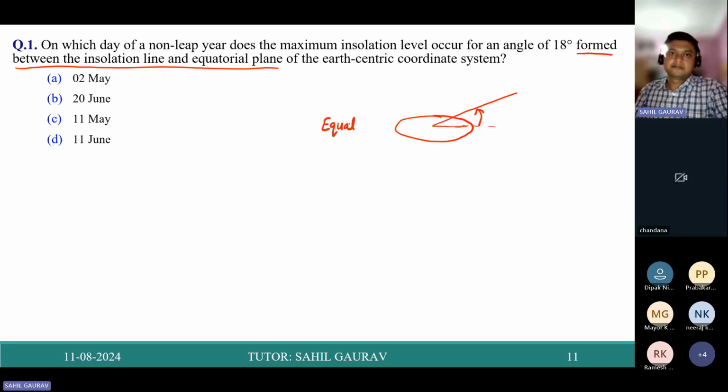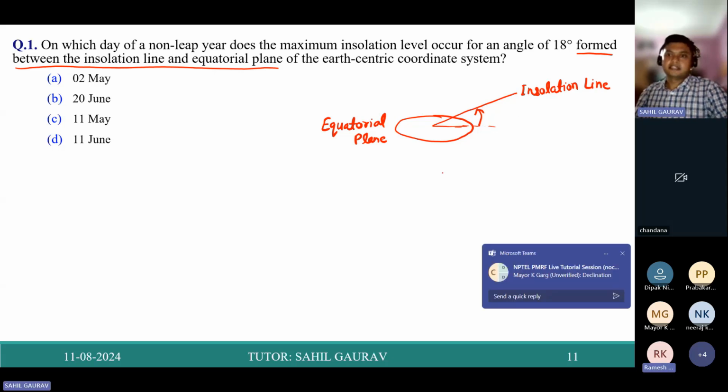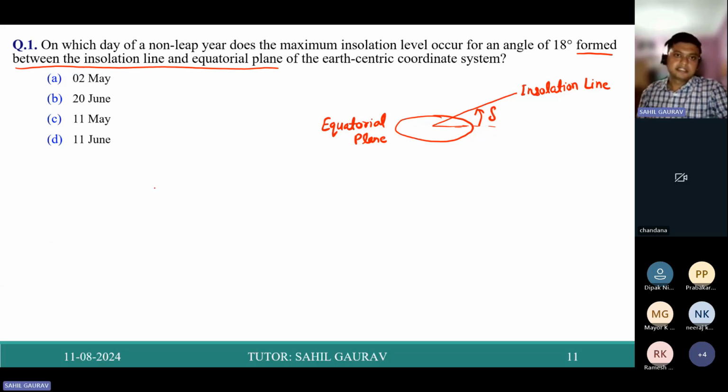Can anyone tell? Yes, the declination angle, delta.